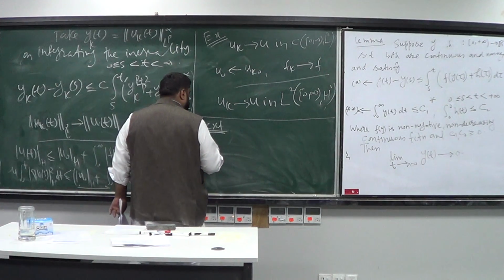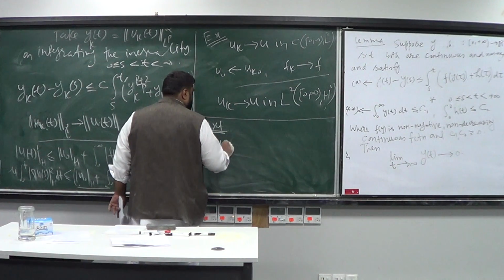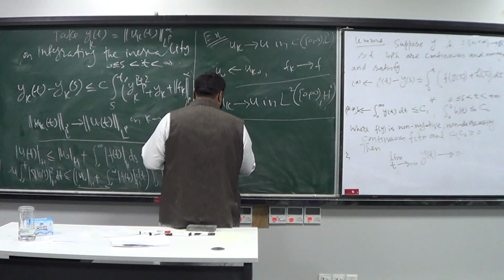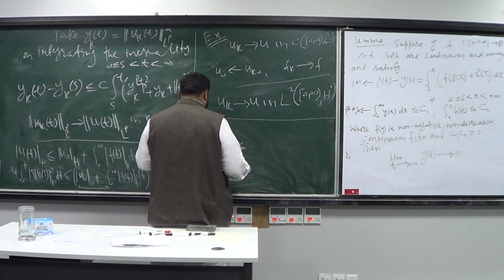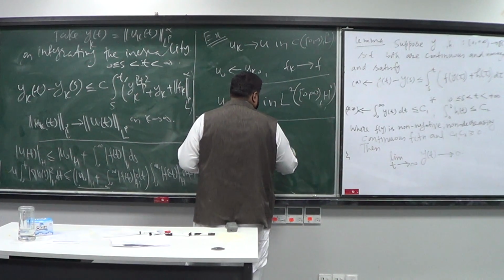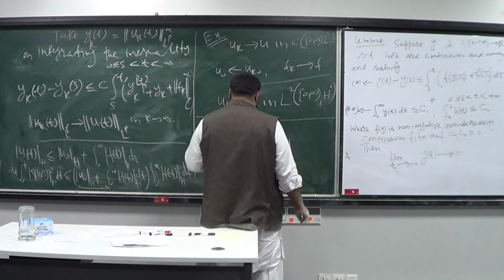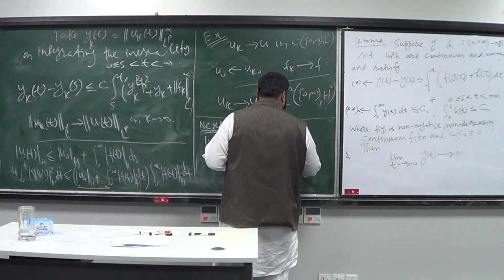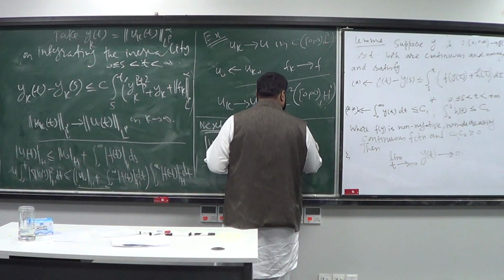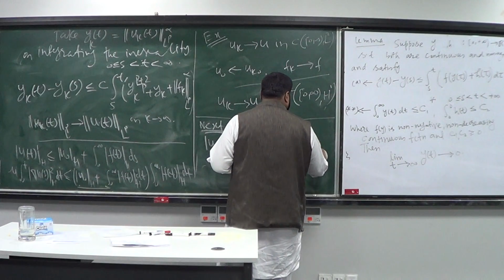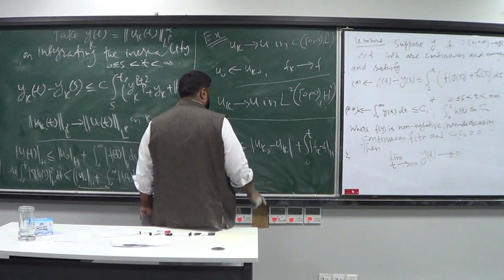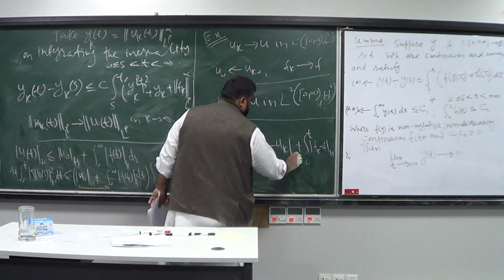So one of the estimates that you're going to get is u minus u_k in H norm is less than or equal to u naught minus u_k naught plus the integral from 0 to t of f_k minus f in H norm. Okay, so this is what you're going to get.